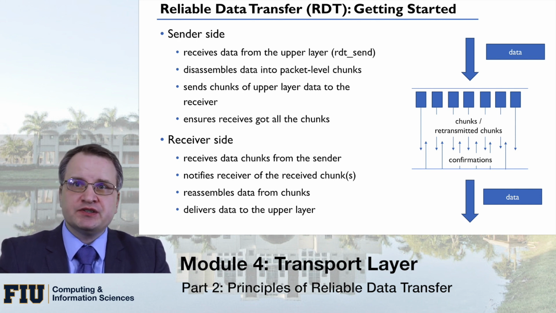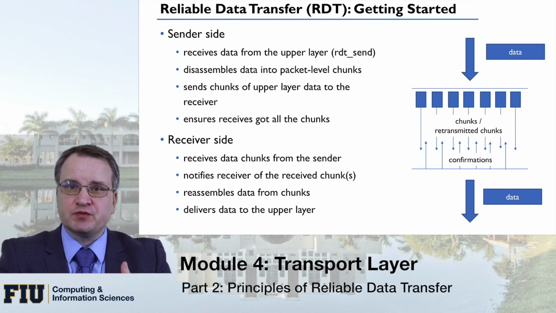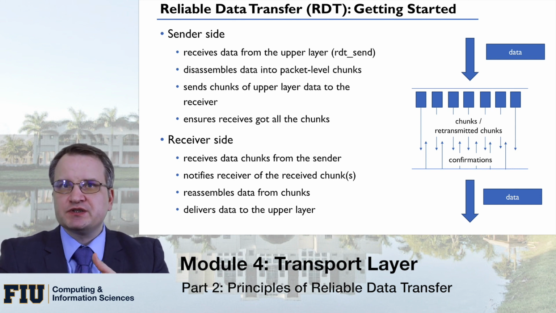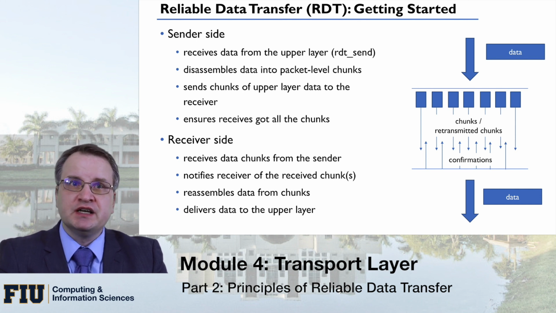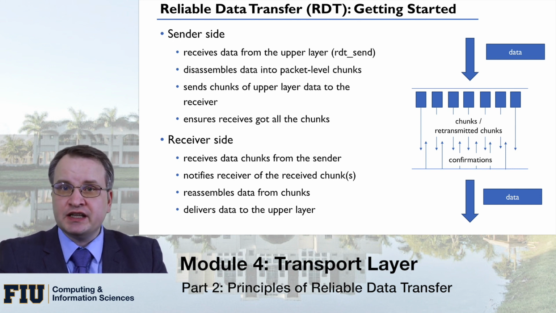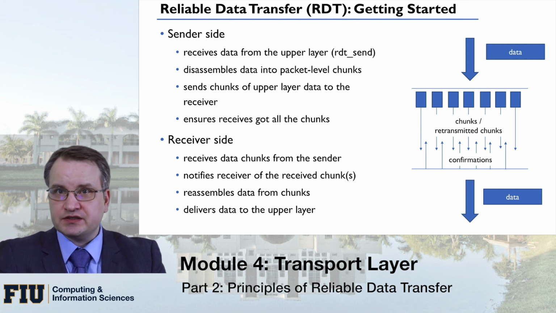And what happens on the sender side? The sender side accepts data from the application, and in the future pictures I'm going to use the word RDT send. It potentially disassembles the incoming data into pieces to create packets and then sends these packets towards the receiver. And it's not just sending those packets like UDP would do, for example, but rather it also wants to ensure that those packets were received on the other side. There are several ways to do this.